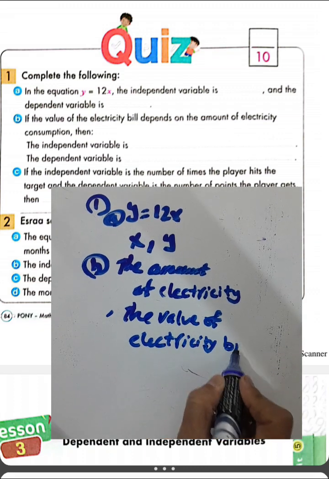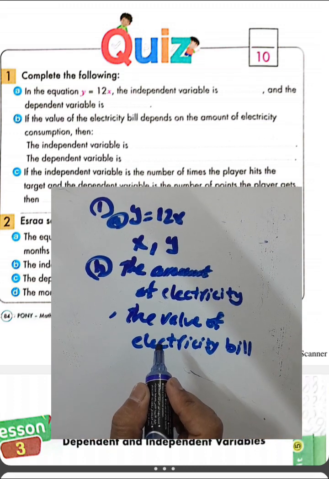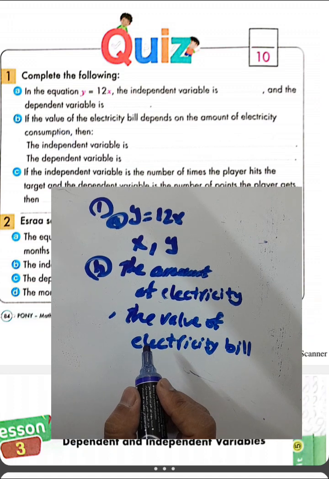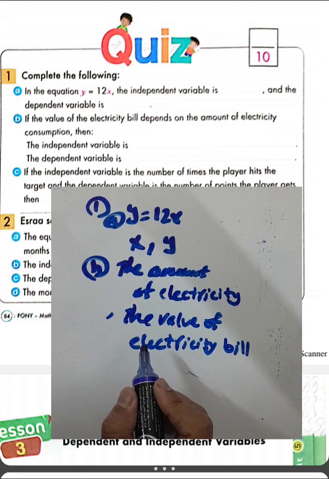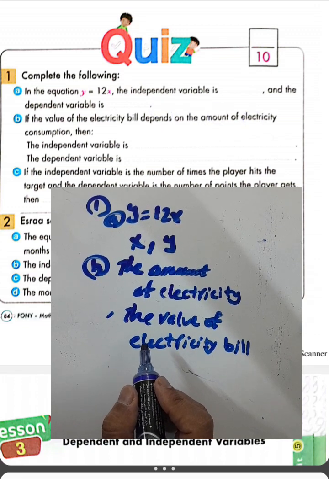Understood? Again, this word independent equals what? Depends on. Depends on, its meaning independent. Independent what? The amount of electricity. So the dependent will be the value of the electricity bill.